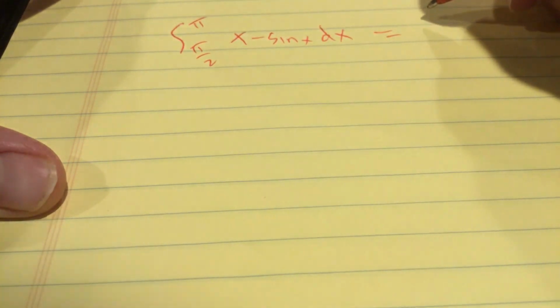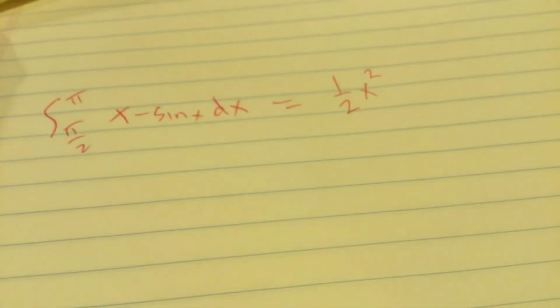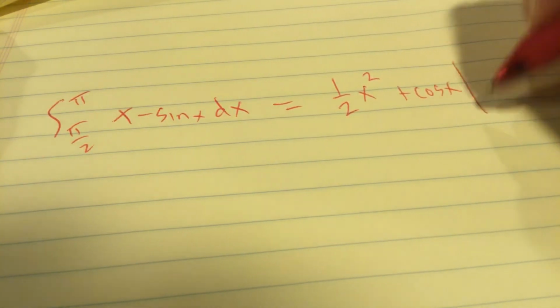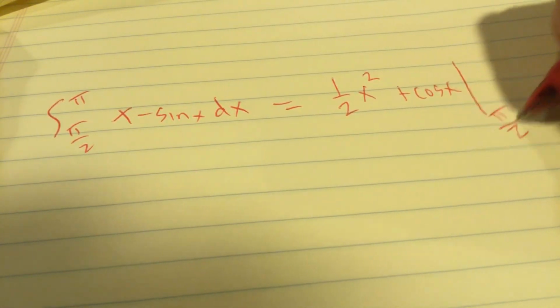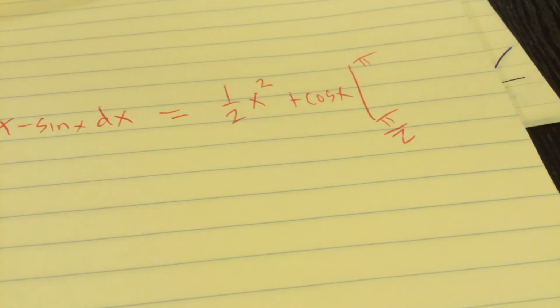Antiderivative time. This would be 1 power up divided by the new power. The antiderivative of negative sine is positive cosine. Pi over 2 and pi would be the bounds. I'm going to plug pi in first.